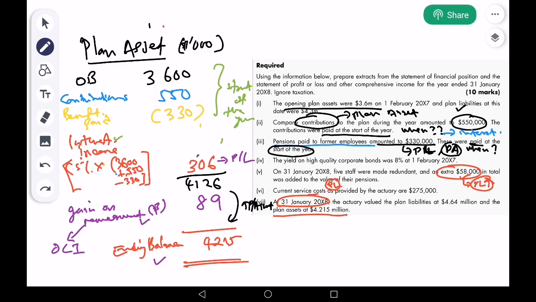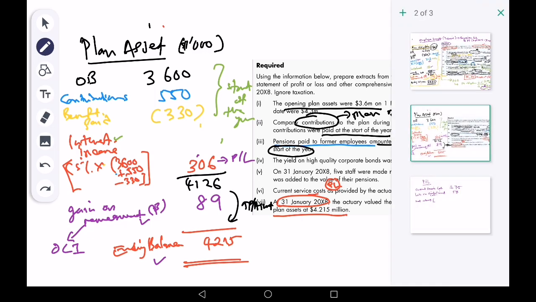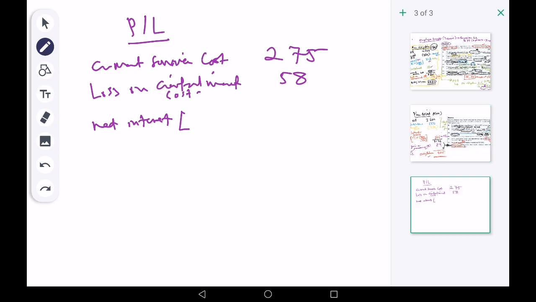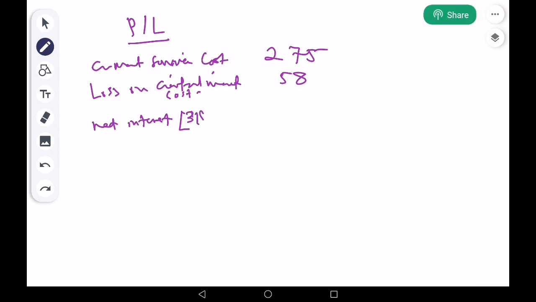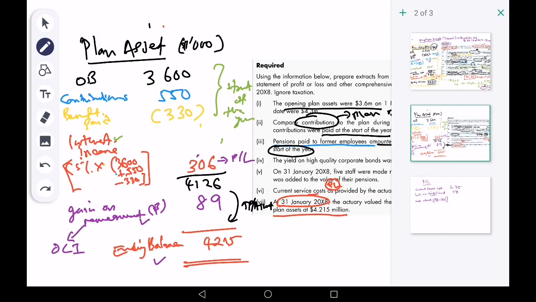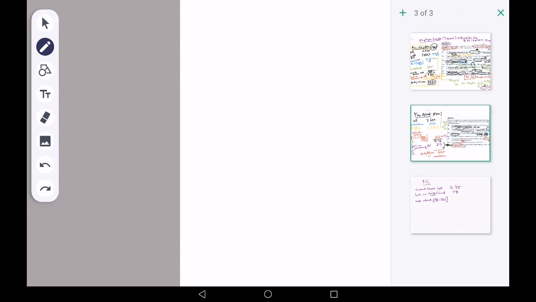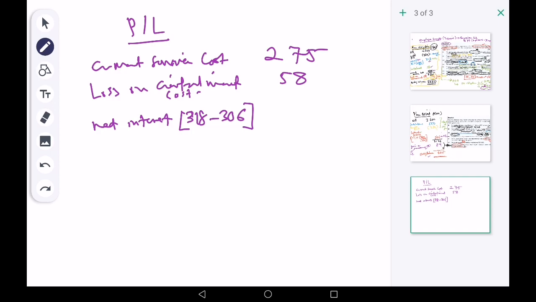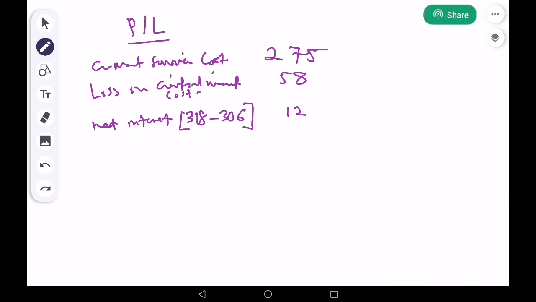Consider net interest cost here. Let's check, 306, right. So we will get what here? 12. So this is what you can see here that will enter P&L.